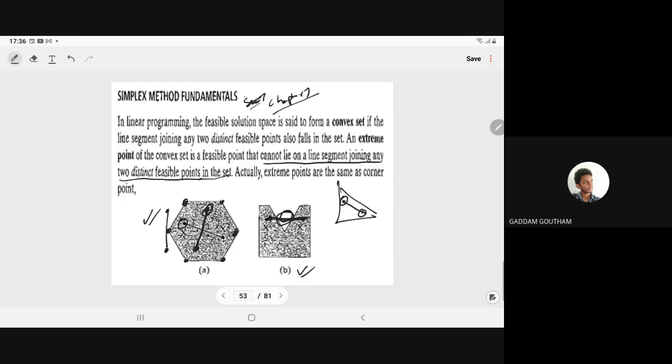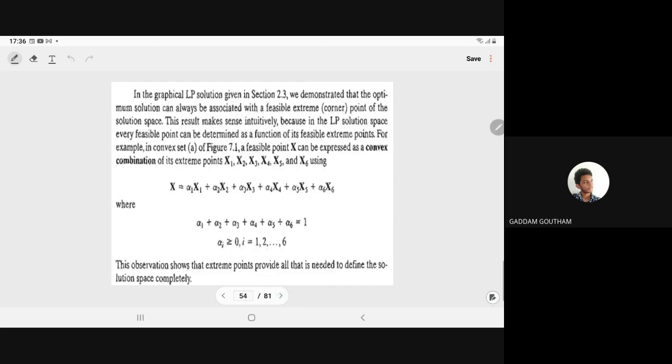Actually, extreme points are the same as corner points. Extreme point is nothing but the corner point. That is another property.